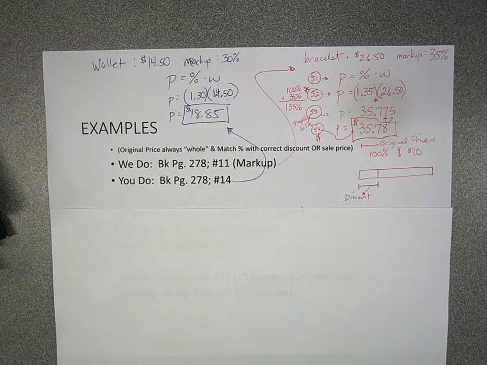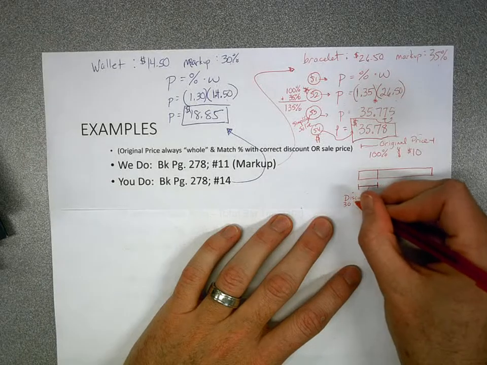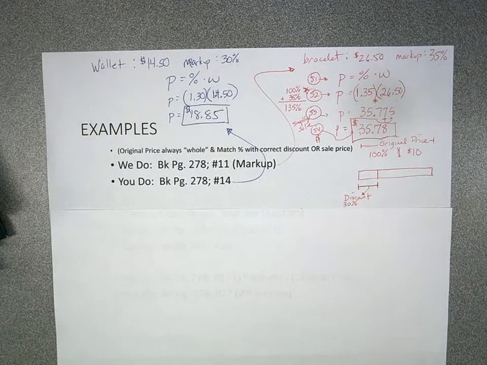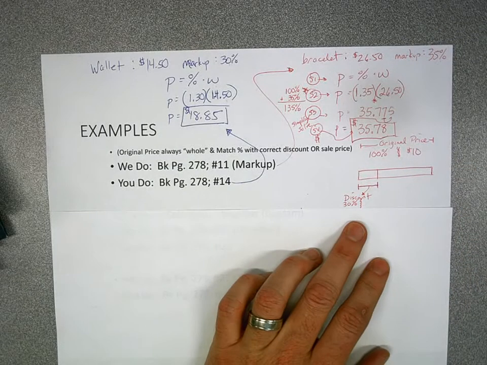That's the discount. Now let's say in this story, on this sweater rack, they have a little sign up above and it says it's 30% off. Usually the "off" tells you that that's the discount, 30% off. So our discount, guys, is going to be 30%. Now, think about the little inquiry lab we did a little while back.